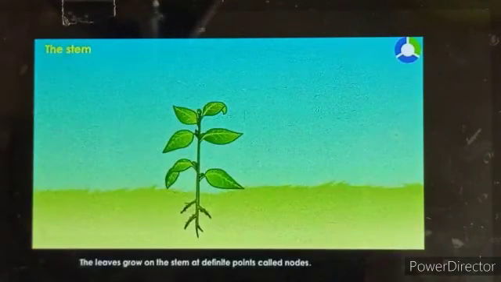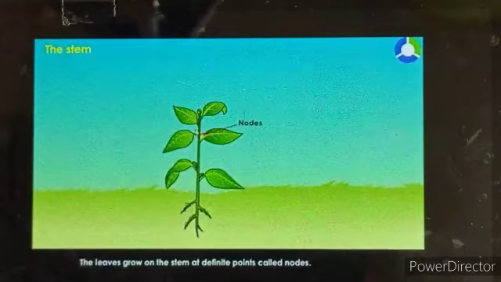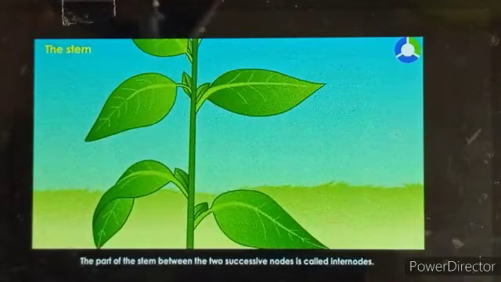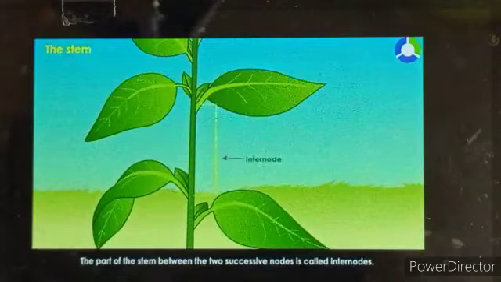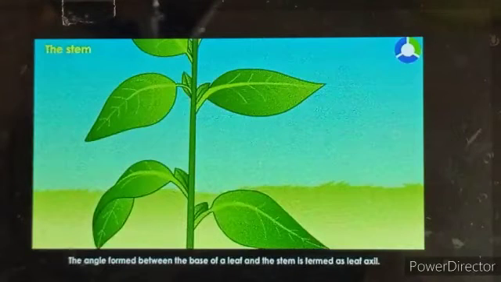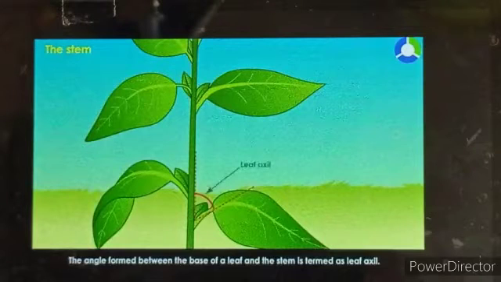The leaves grow on the stem at definite points called nodes. The part of the stem between two successive nodes is called internodes. The angle formed between the base of a leaf and the stem is termed as leaf axil.